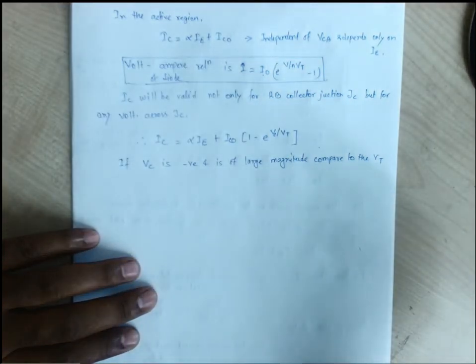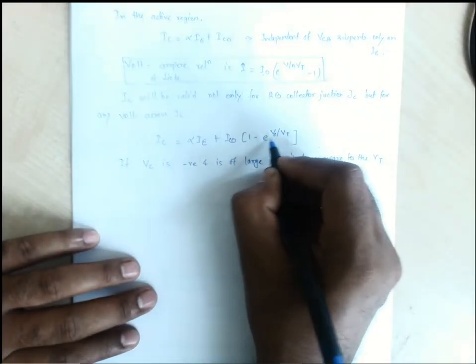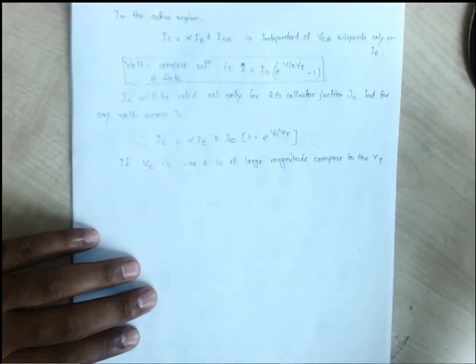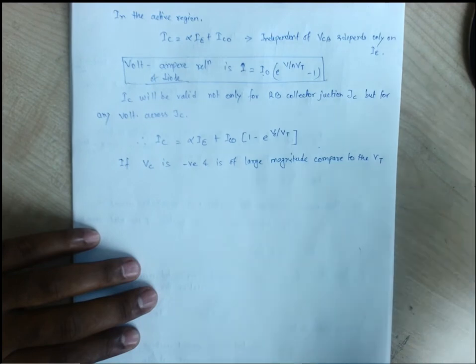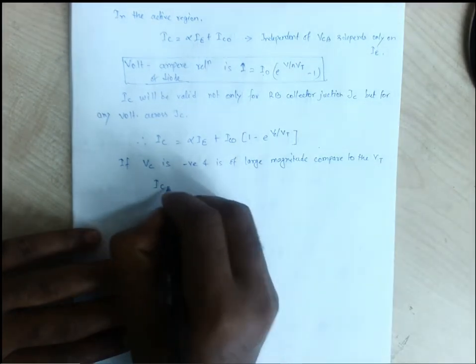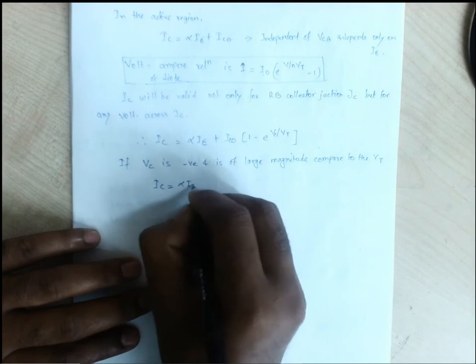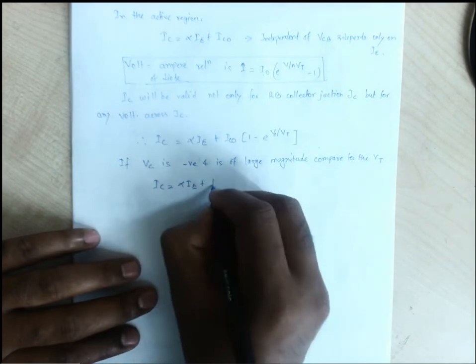So e to the power of a large negative value tends to 0. So we can say IC is alpha IE plus ICO.